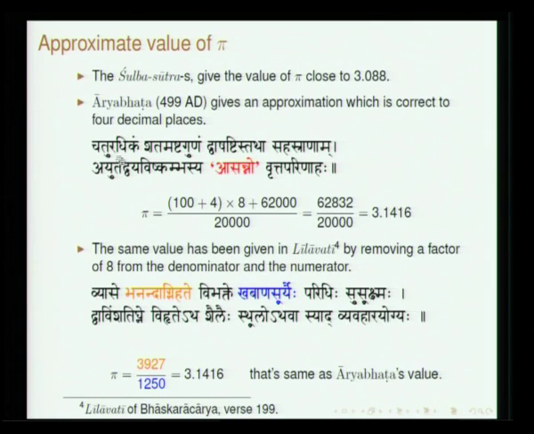How does it go about? Chaturadhikam Shatam, 4 plus 100, Ashtagunam multiplied by 8, and Dvashashtihi Sahasranam, Sahasra is 1000, so 62,000. This refers to this number, and what is stated in the later half of the verse is Ayutadvaya Vishkambhasya. What does this number correspond to?